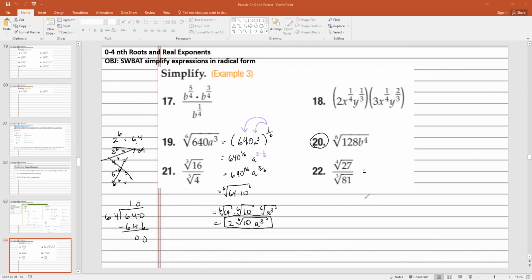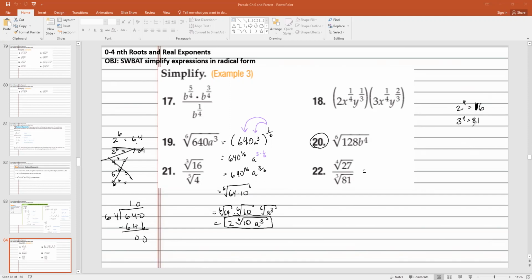Okay. So the 4th root of 27, there's not going to be any 4th root of 27. 2 to the 4th is going to give us 16. 3 to the 4th is going to give us 81.